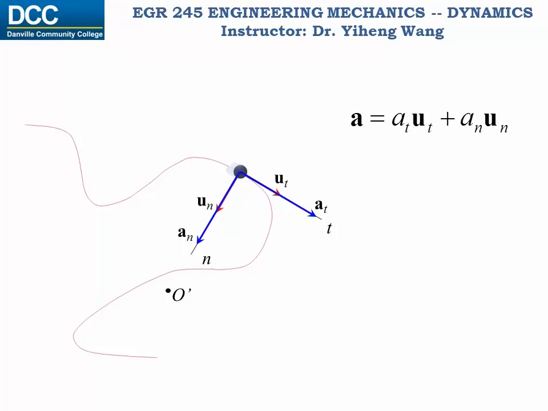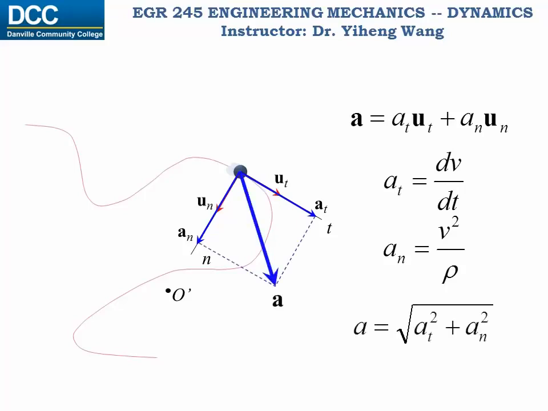The tangential acceleration a_t simply equals dv/dt, and the normal acceleration a_n equals v squared over rho, with rho being the radius of curvature at this location. Since a_t and a_n are perpendicular to each other, we can tell from the Pythagorean theorem that the magnitude of acceleration is the square root of a_t squared plus a_n squared.